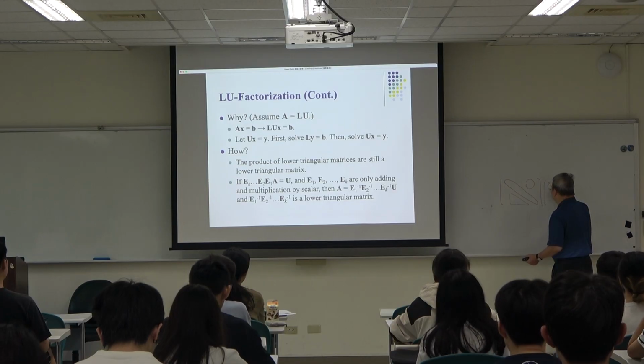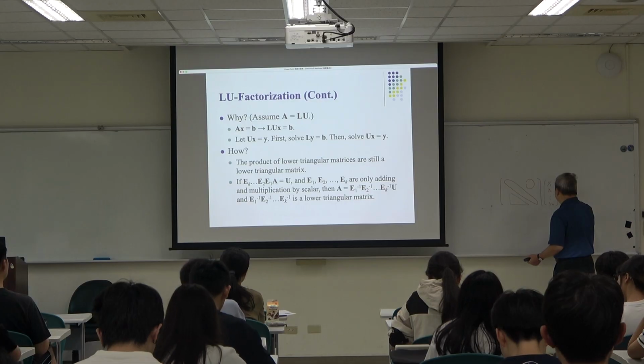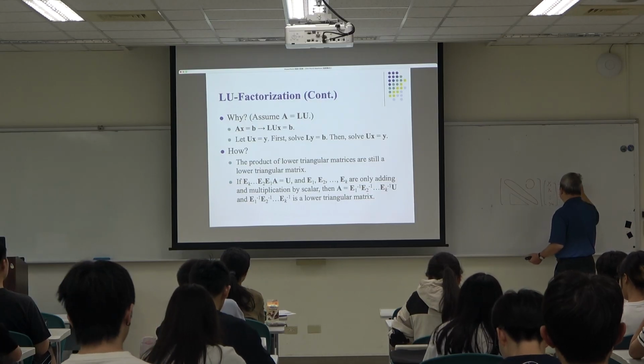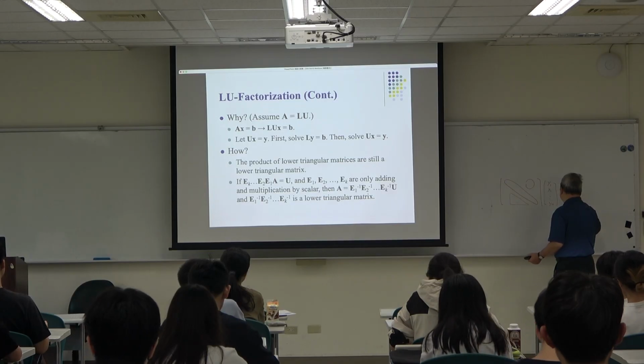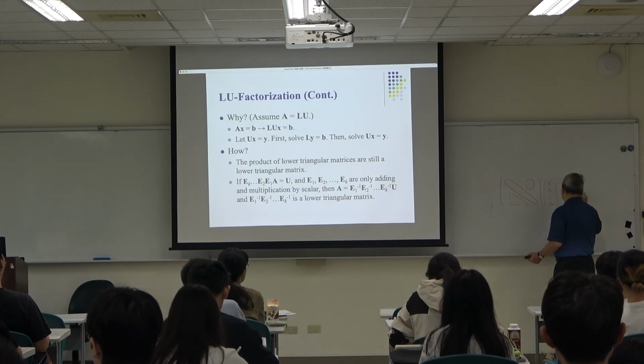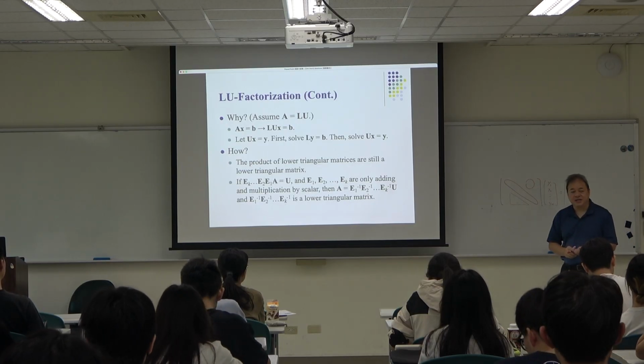So you have y1, y2, yn equal to B, where B is b1, b2, bn. It looks like this, right?